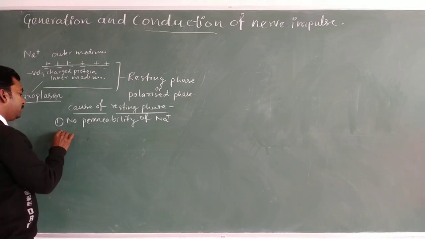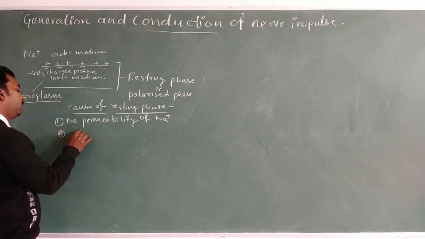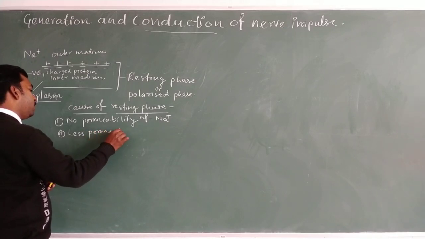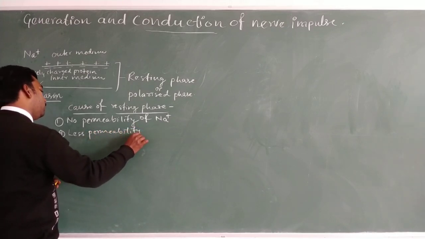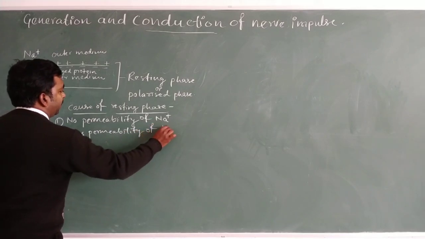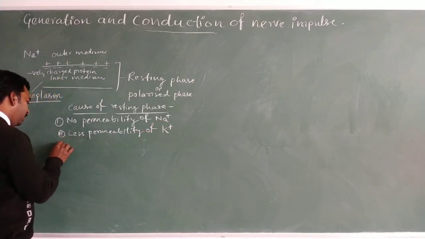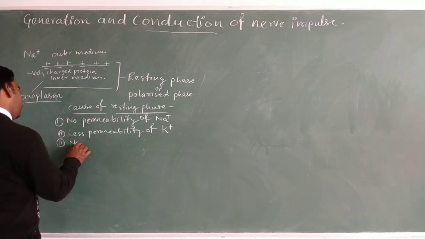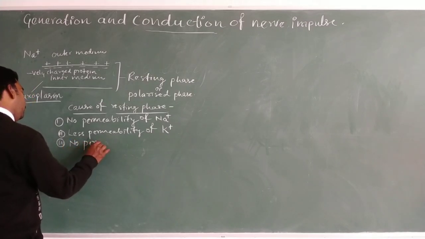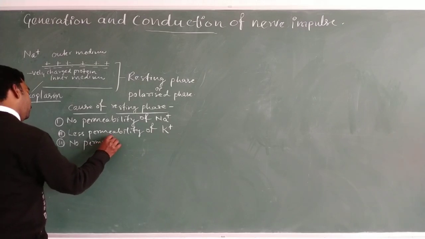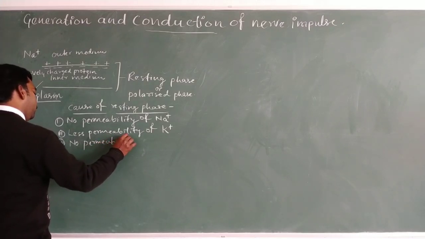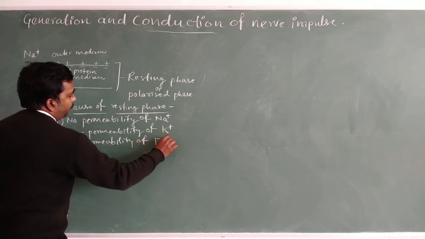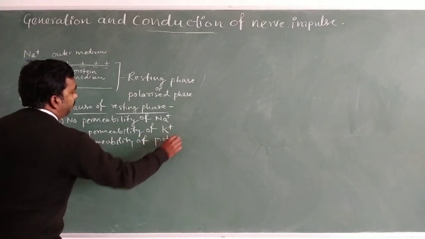The second is less permeability of potassium ion, while the third is no permeability of protein, which is negatively charged.